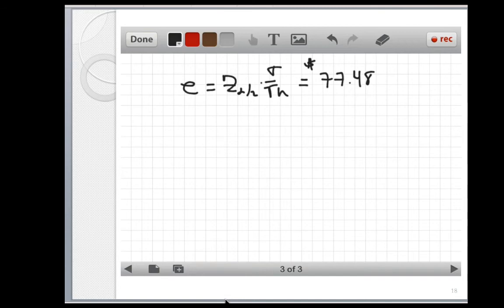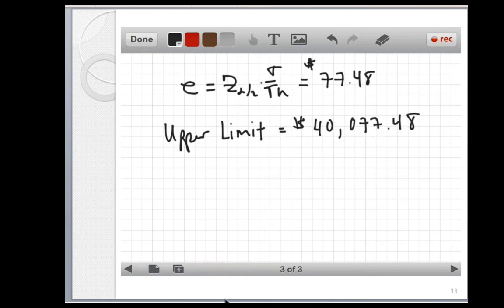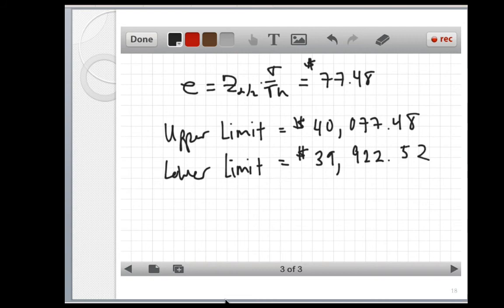All right, and so the upper limit, excuse my penmanship as always, is 40,077.48, and the lower is 40,000 minus that margin of error. Okay, and so at the end of the day, this is the answer to the problem.